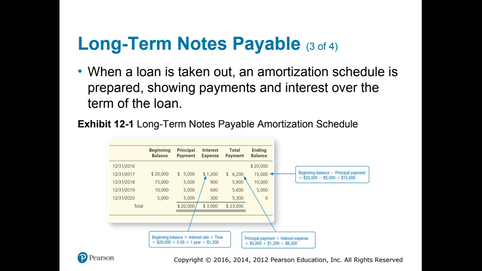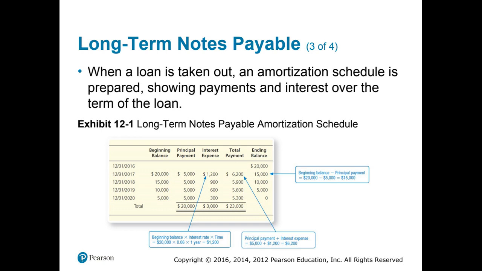On December 31st, 2017, our beginning balance was $20,000. And then we had a principal payment made of $5,000. We also had some interest expense of $1,200, and they tell us how they calculated that down here. So this is a good slide, or page in the book, to refer to.